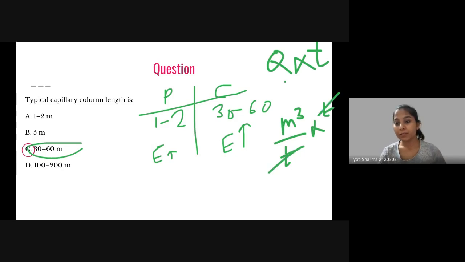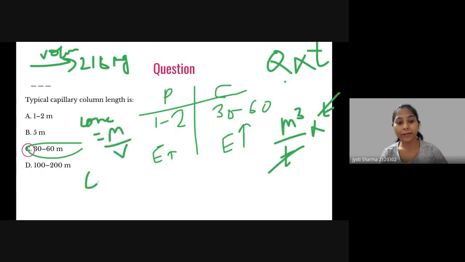So if you have, let's say, 108 mg, you have to see how much volume we have for this, right? And you know that the concentration is equal to mass by volume.